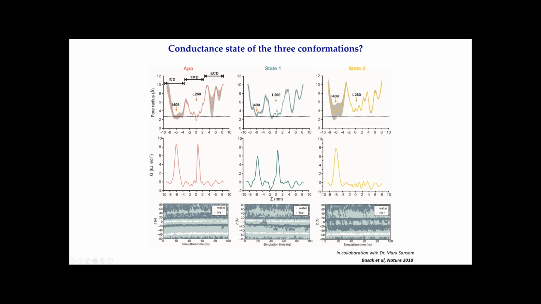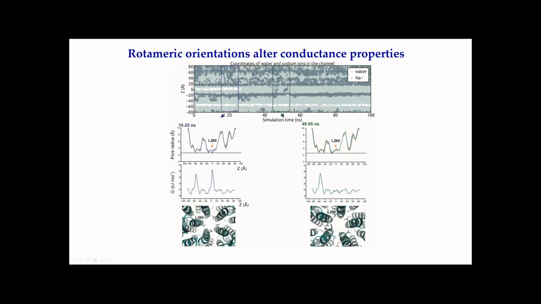These results suggest that state 1 might be a low conductance conformation, which could be a pre-open state or a desensitized conformation. And we also evaluated what happens to the pore when it is conducting in state 1 versus when it does not have any water occupancy.